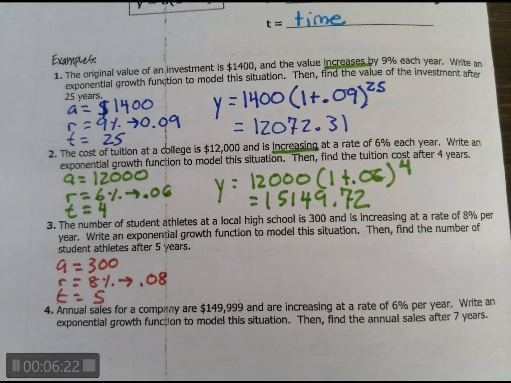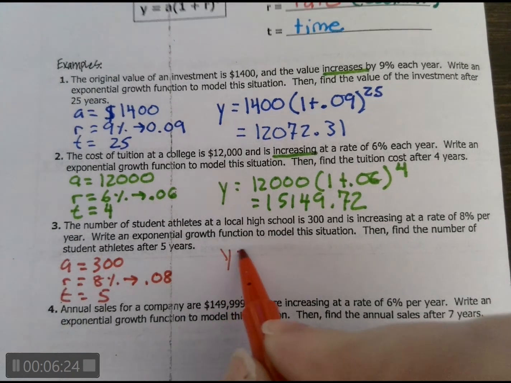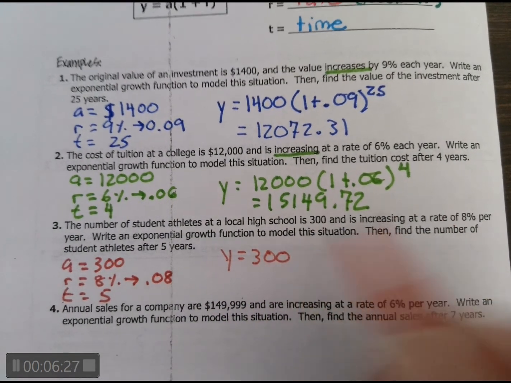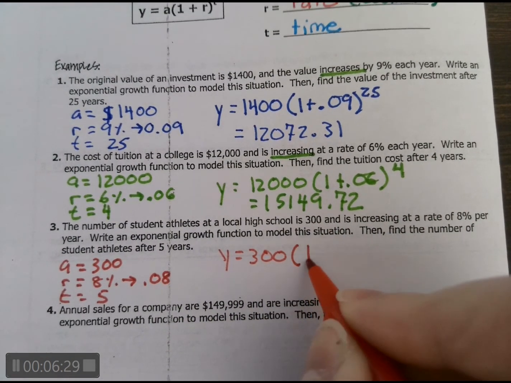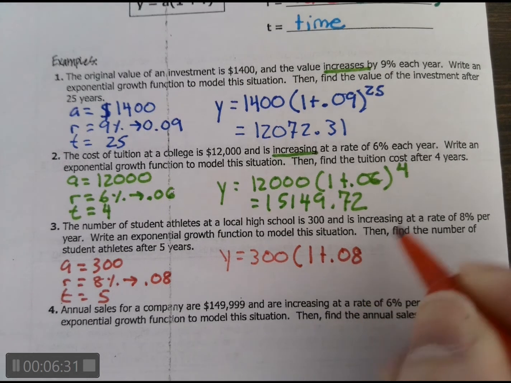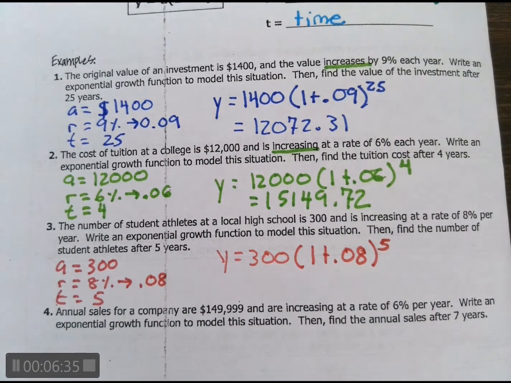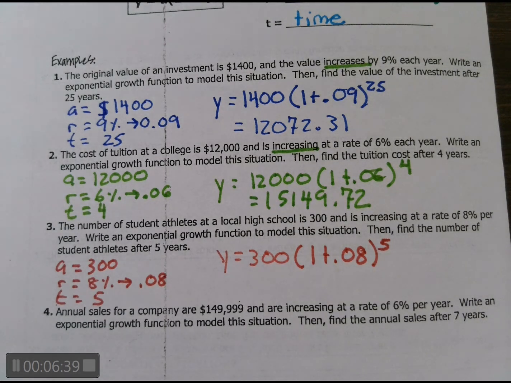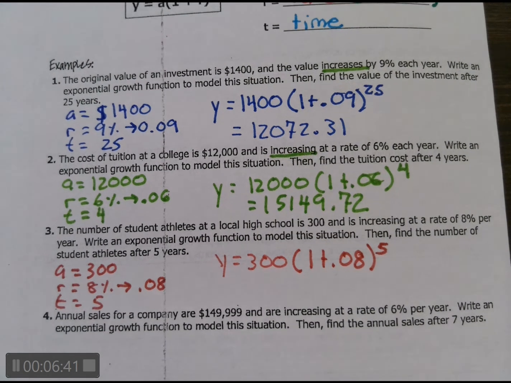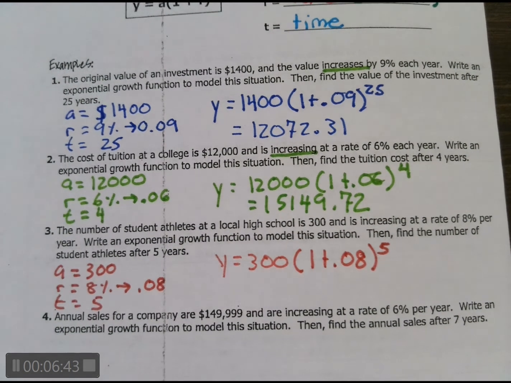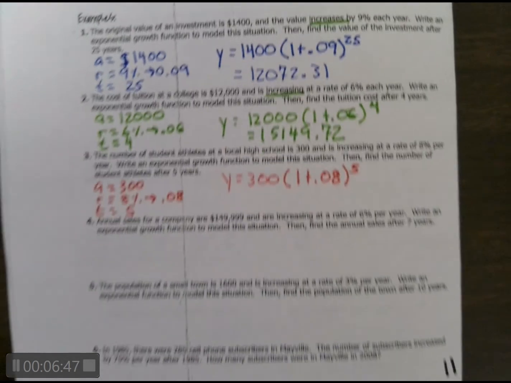And our T is 5. So then Y equals 300, 1 plus 0.08 to the fifth. Alrighty, and I'm going to let you guys tell me what this answer is. So go ahead and write it. Alrighty, so then, hopefully you got that answer right.